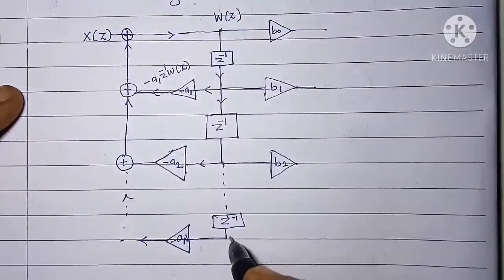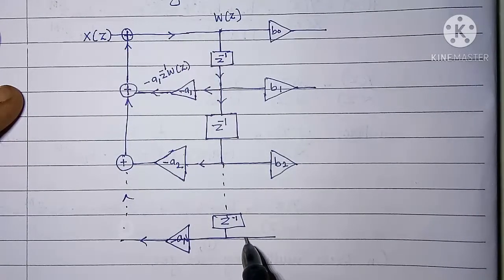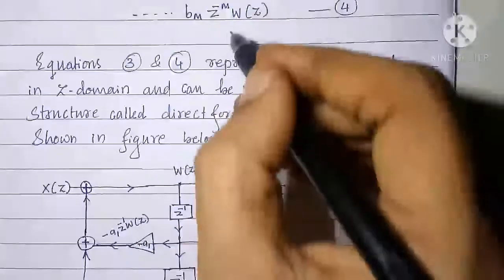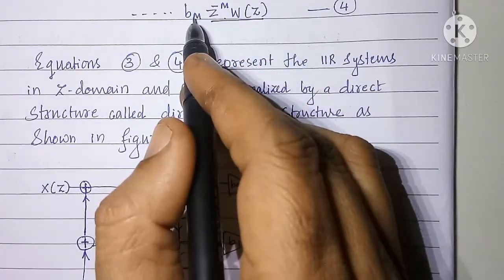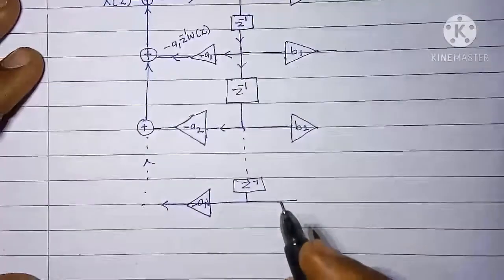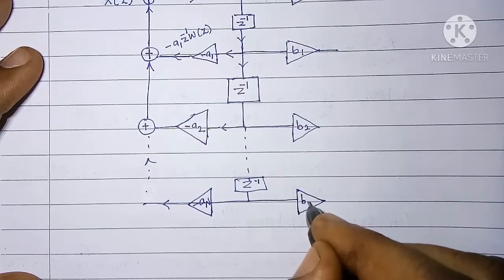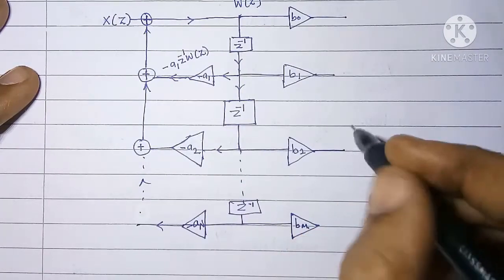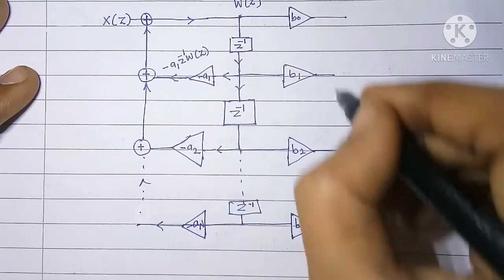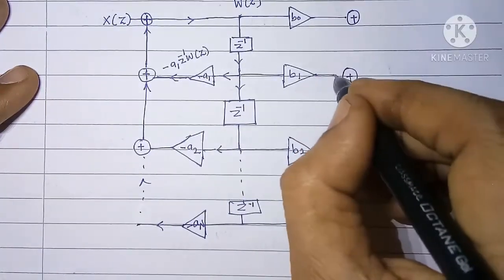Finally, we will be having here W of Z into Z raised to minus M, like in this last term, and this product is to be multiplied by Bm. So I will show the constant here as Bm. Now these all must be added. Plus here, and plus here.